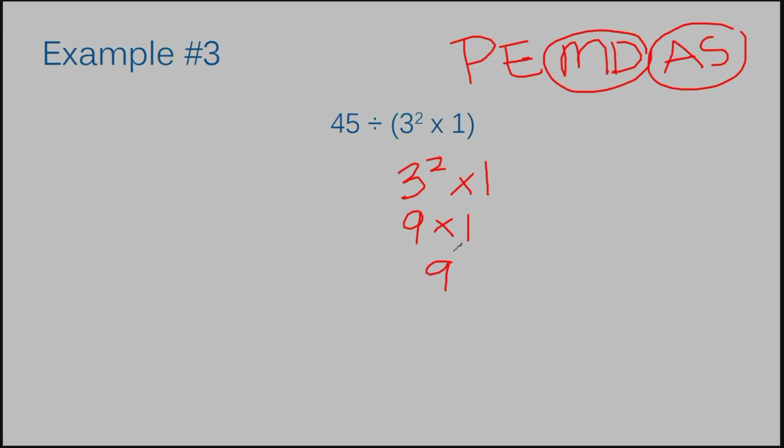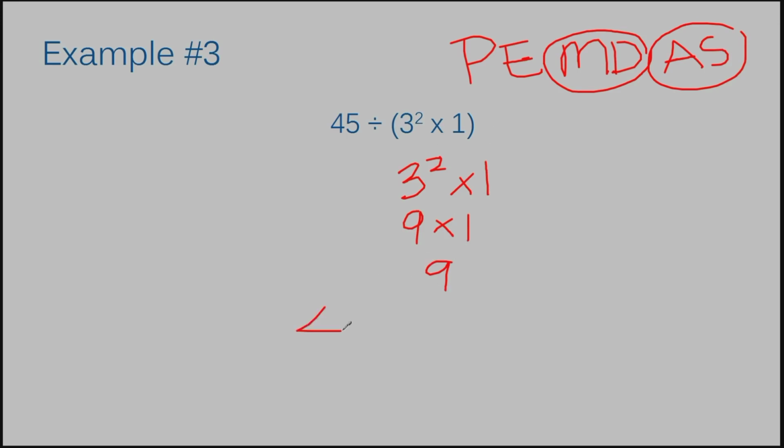I'm done. If you end up with a single digit, you don't really need to go on because there's nothing else that you can do. But do not think that this 9 means it's the answer to the entire problem because remember, we only solved this portion. So now I must take my 9 and plug it back into the original problem.